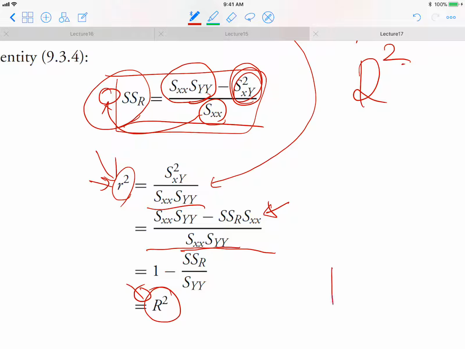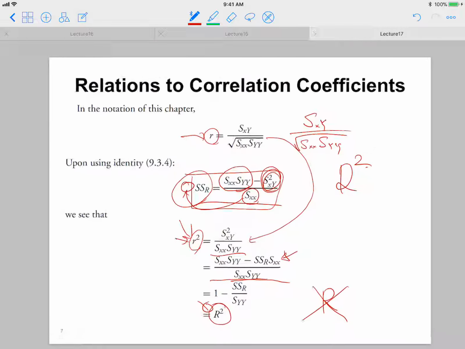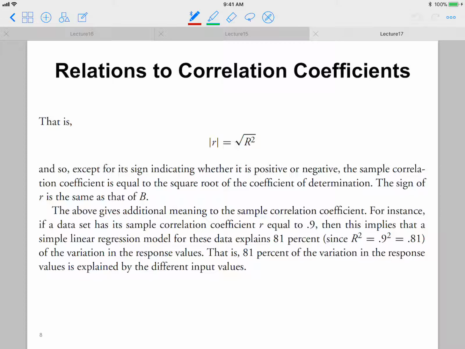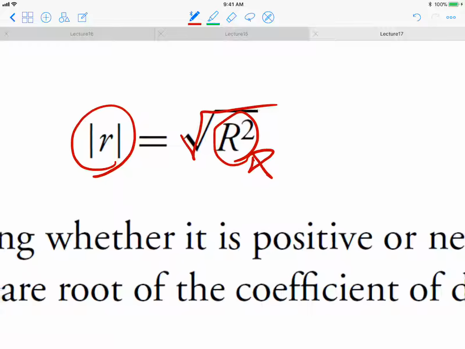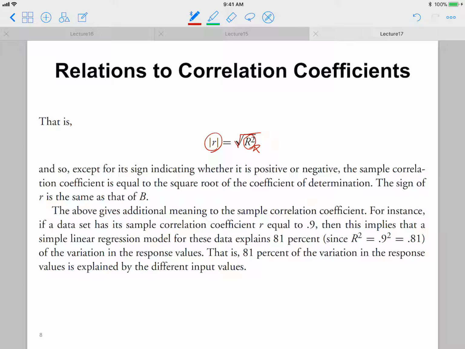There is no such R. We have this R squared, which is our special measure or statistic, and if we take the square root of it, we get the absolute value of R. So the conclusion is that the correlation coefficient is almost the same as R squared.